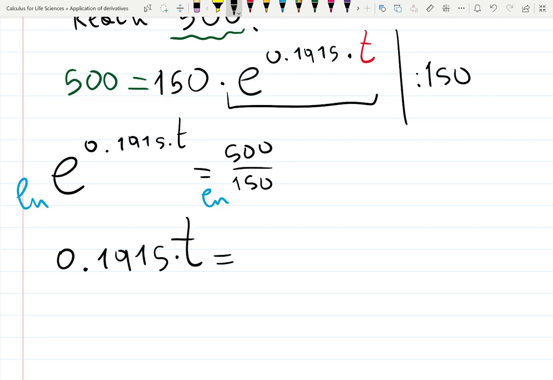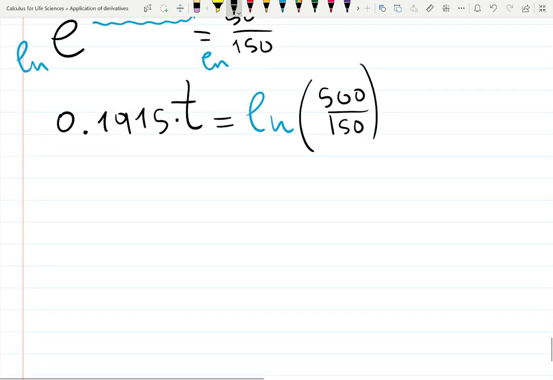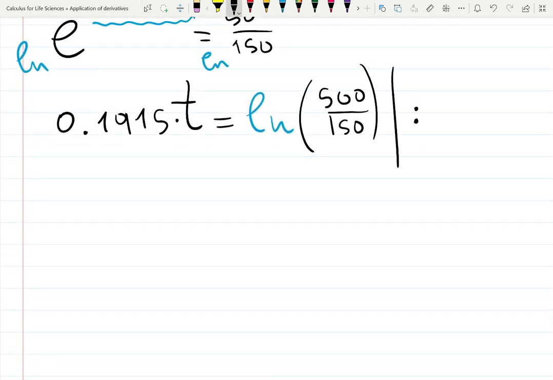That's exactly why we're doing it, because we want this exponential part to go down. That's why we're applying log to both sides. But now it's going to be ln of this fraction, 500 over 150. Finally, dividing by this rate or whatever is attached to t will give me t.